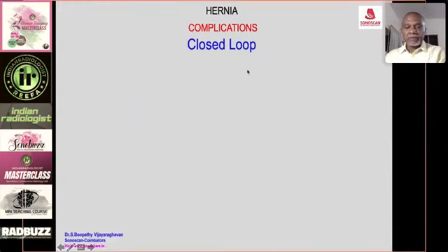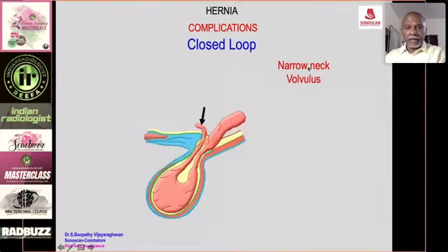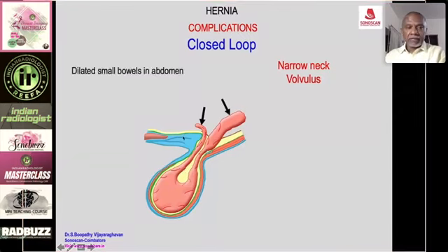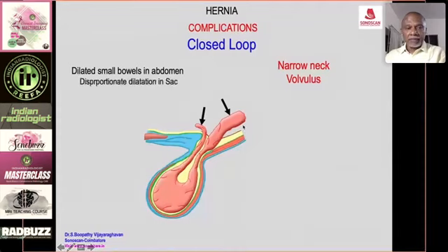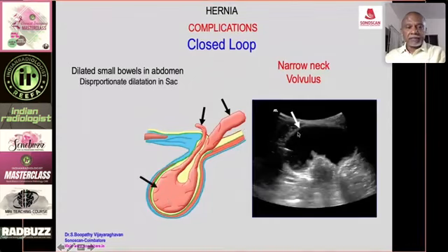When the obstruction is to both afferent and efferent loops, it is a closed loop obstruction, either due to a narrow neck obstructing both the loops, or due to volvulus of the loop inside the sac. So here you will see dilated small bowels in the abdomen, disproportionate dilatation of the loop in the hernial sac, and the distended loop in the hernial sac will be tense.